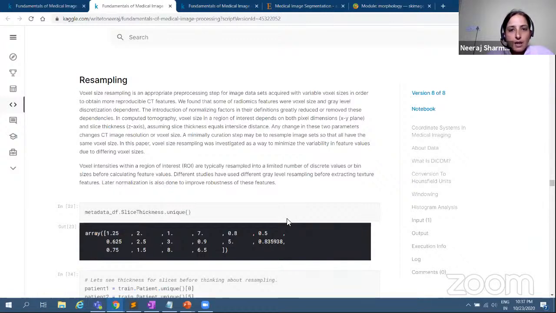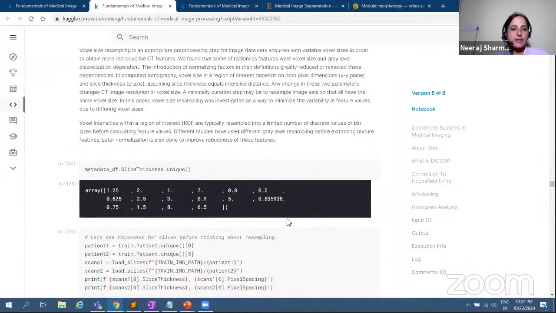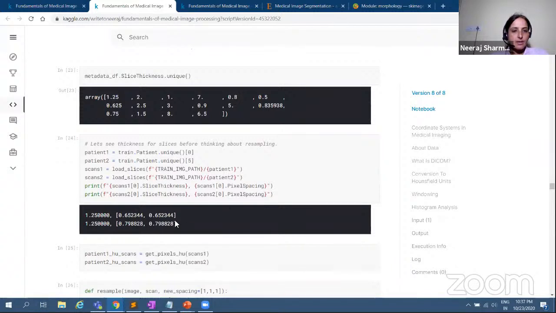Then we saw how the voxel sizes and accordingly their volumes vary from a small volume to a high volume, why these volumes are different, and how to treat them, basically this difference of the slice thickness. Not only the slice thickness is different, the x and y coordinates are also different.